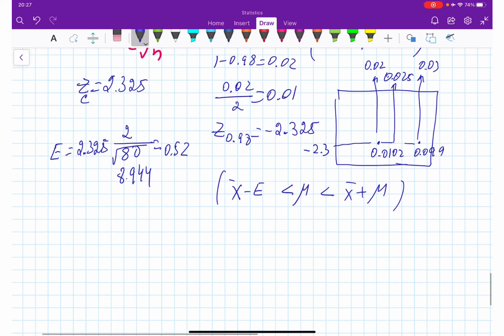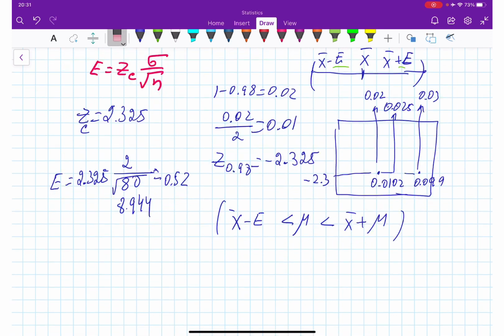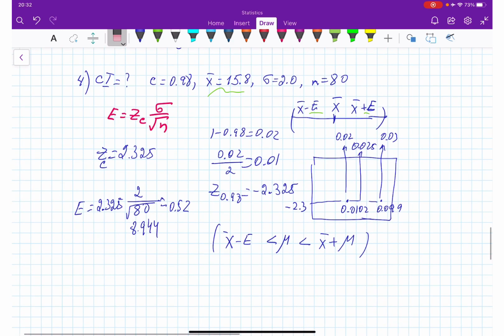So we have x bar 15.8 minus error, which is 0.52.